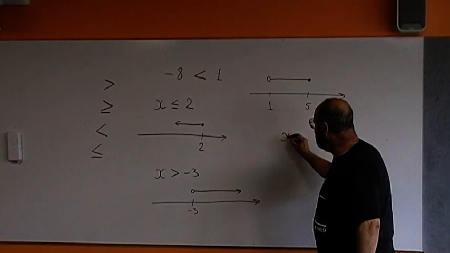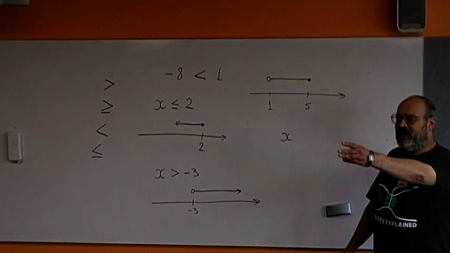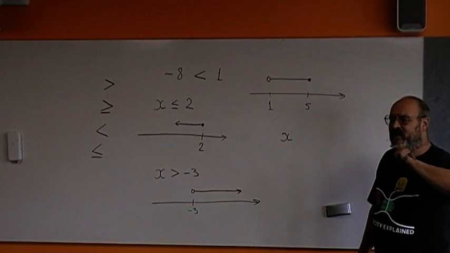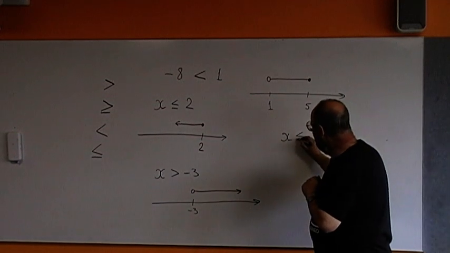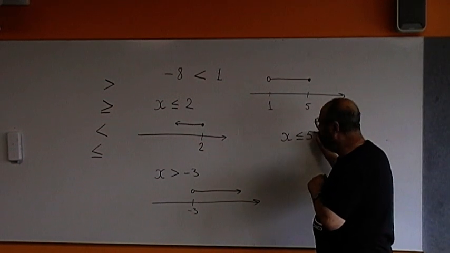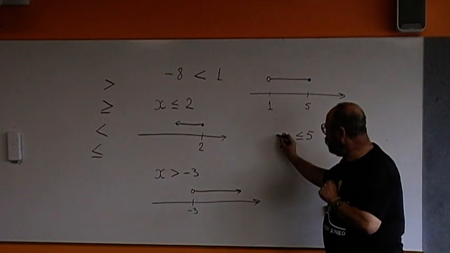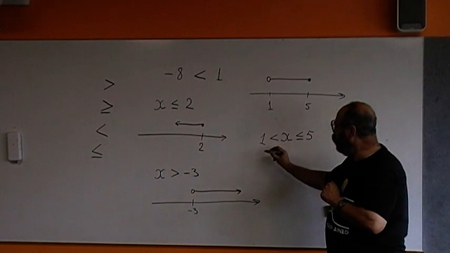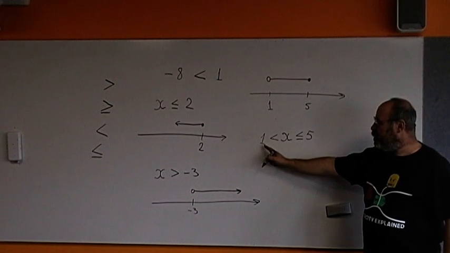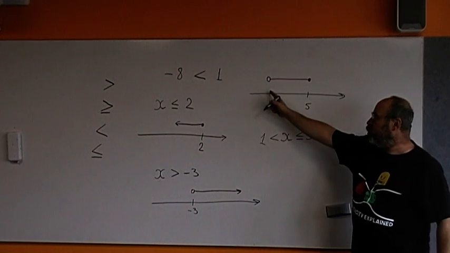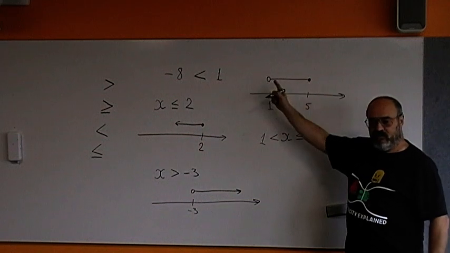We have x. Yes, equal to or less than 5, and also greater than 1. Yes, very well done. So we have that 1 is less than x, and x is less or equal to 5.